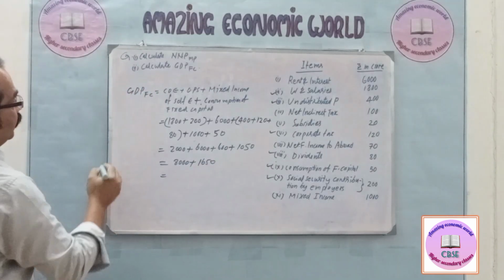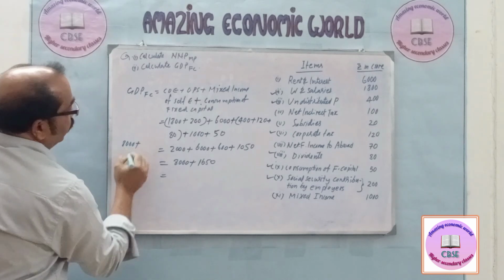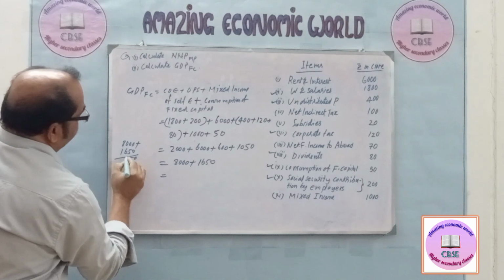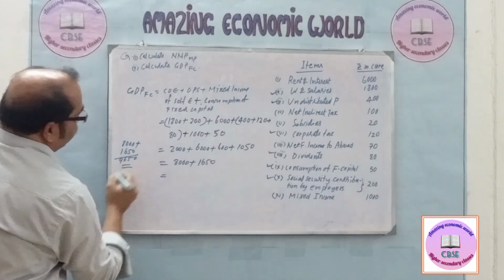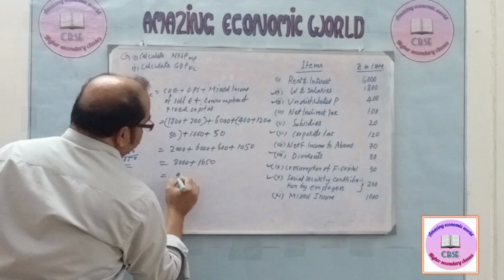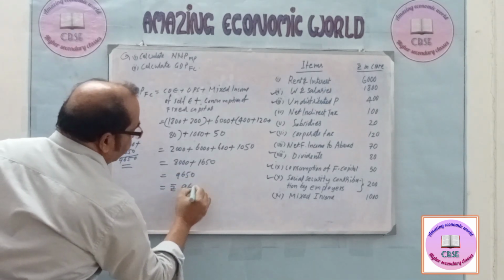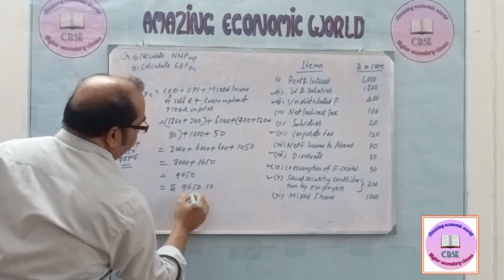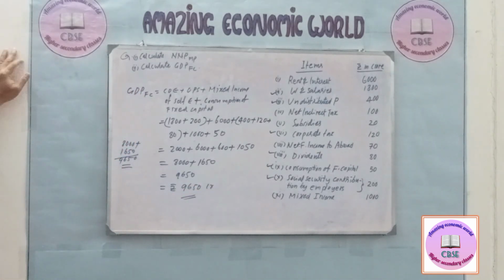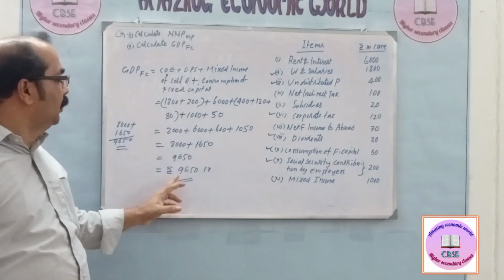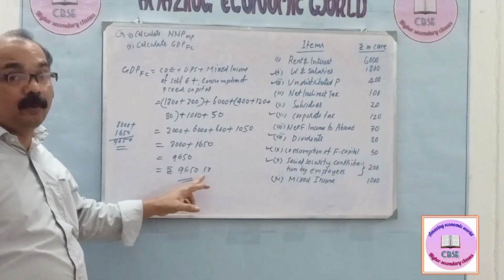So add this: 8000, 1650, so 9650. 9650 crore. This is GDP FC. Okay, immediately we got the answer. That is, GDP FC is rupees 9650 crore.